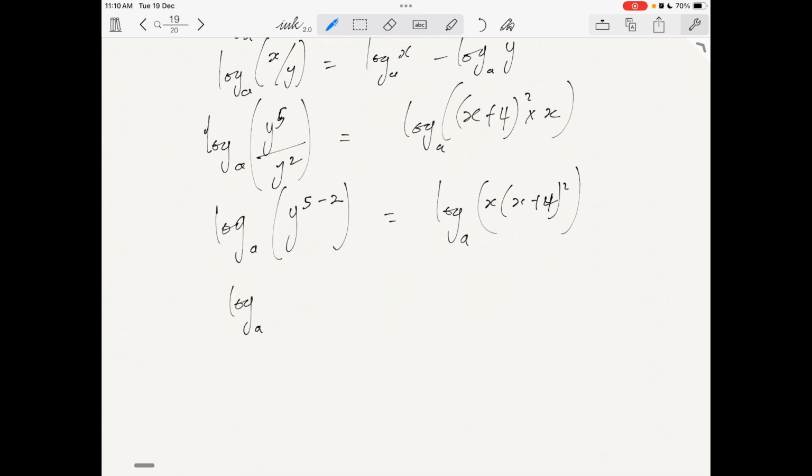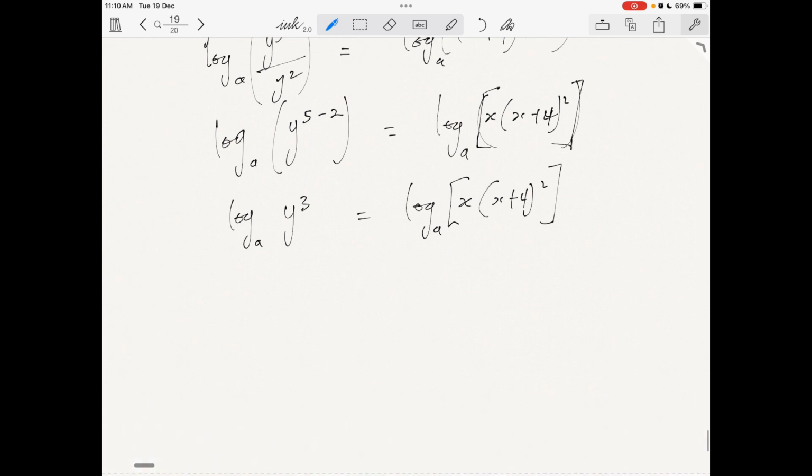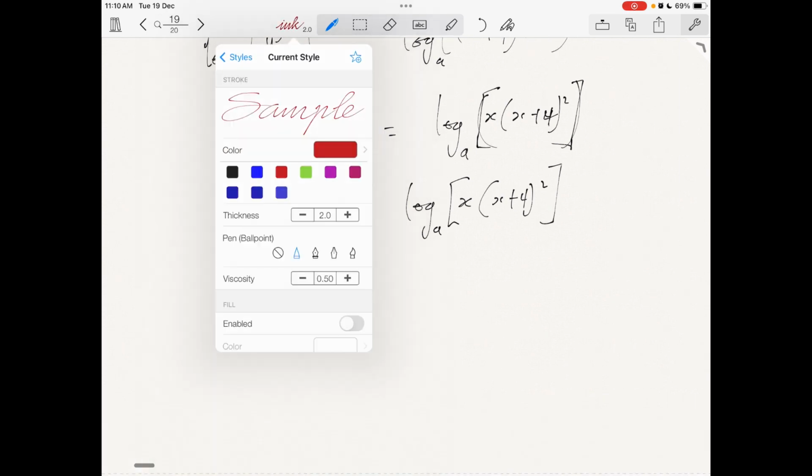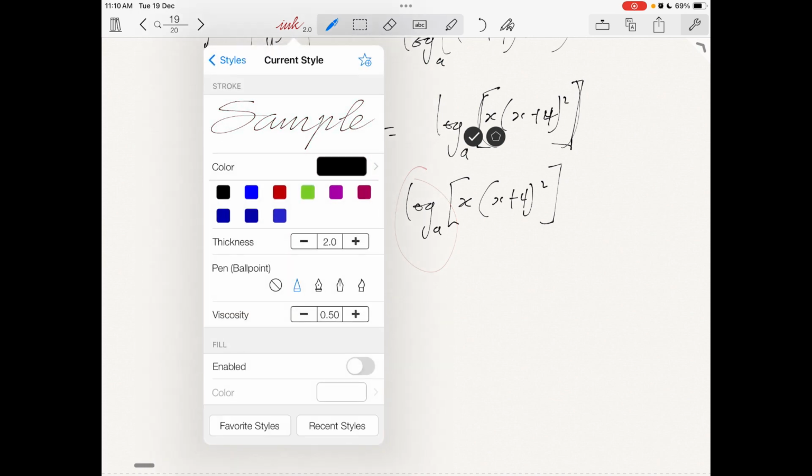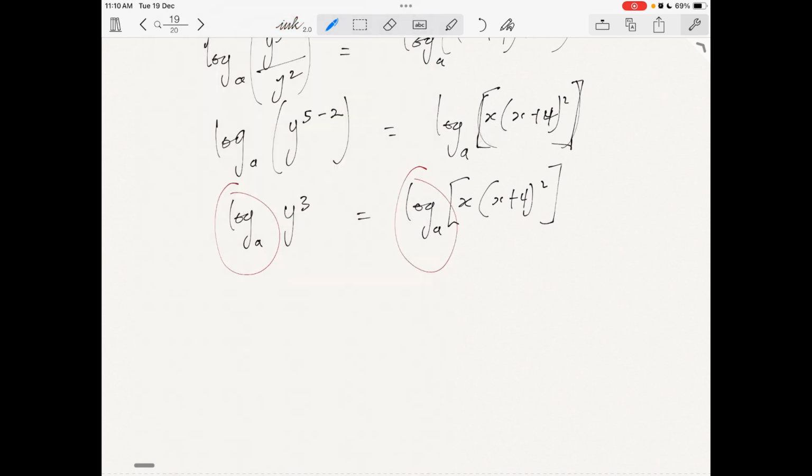Now log to base a of y raised to power 3 is equal to log to base a of x into (x plus 4) squared. We can change these brackets to make it more readable. So we realize that these two log to base a are similar, then we can equate the numbers.